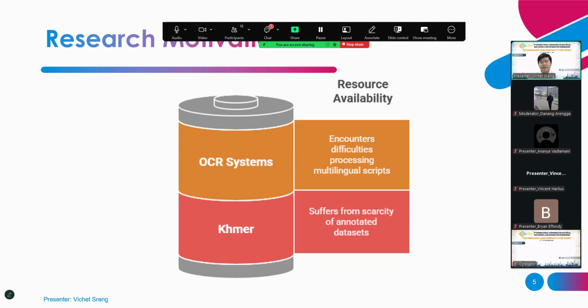Handling different writing systems within the same image introduces complexity in detection and recognition, often leading to low accuracy. Second, when we focus specifically on Khmer, the challenge is even greater. Khmer suffers from a scarcity of annotated datasets, meaning there is not enough high-quality labeled data to train a robust model.